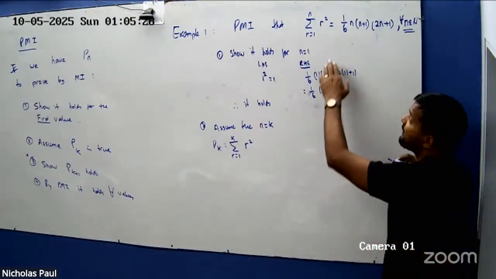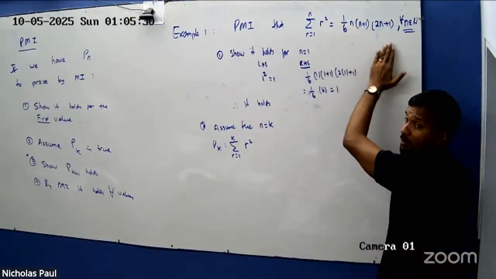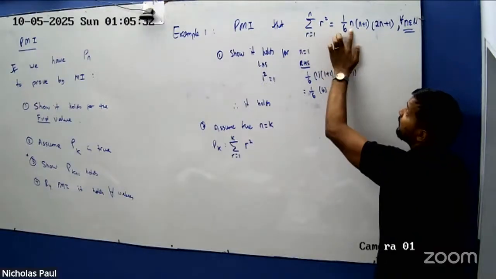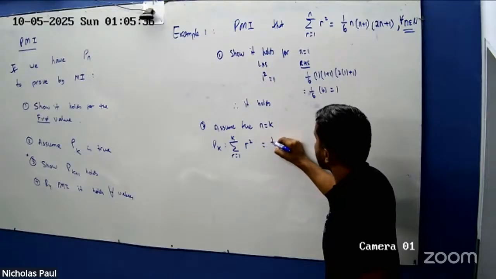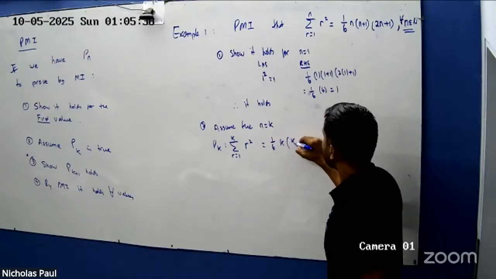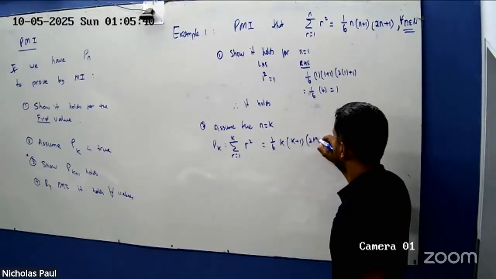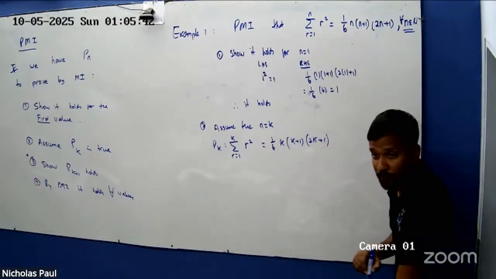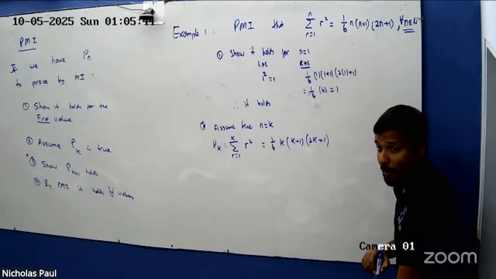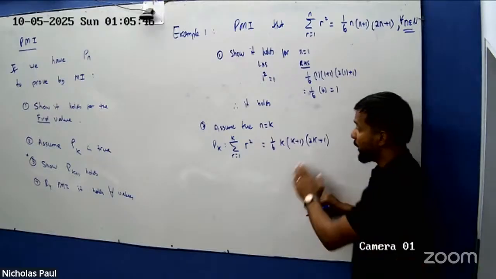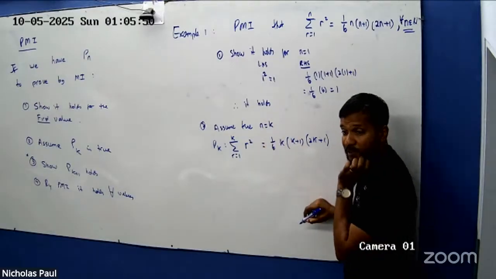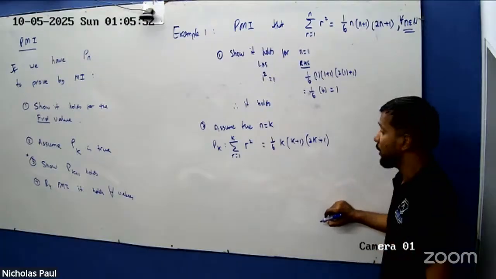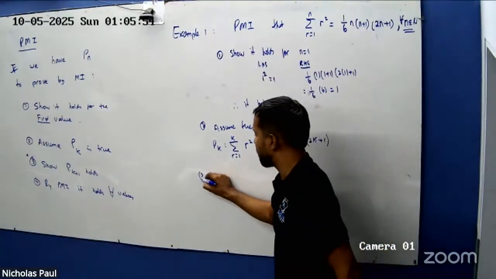We only change n, not r, only n. All the n's now become k. Are you okay with that? All we're doing is putting k wherever we have n. Everybody with me so far? Yes, sir.